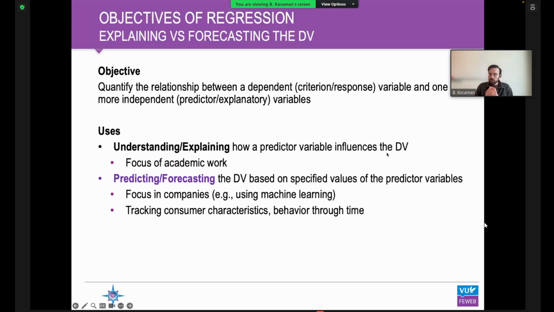So when we talk about coefficient estimates, for instance, we always try to understand how a unit change in the independent variable affects the dependent variable. And this is also the focus of most of the academic work. But there is another use, especially in the industry, that you can actually use it for prediction or forecasting.